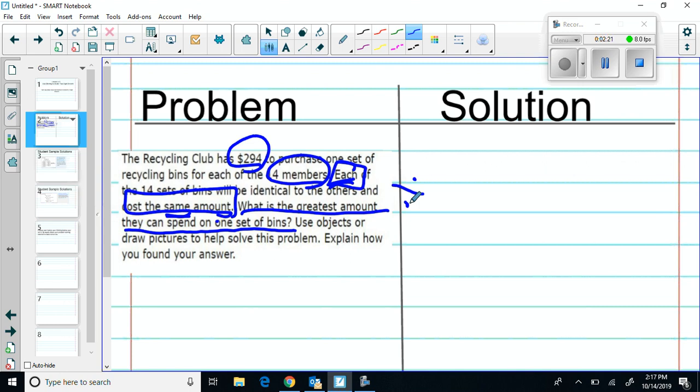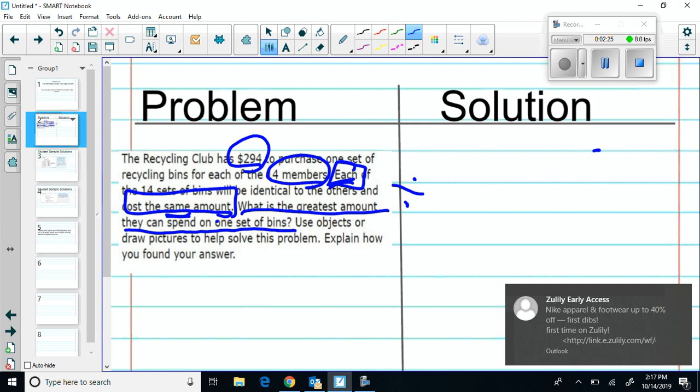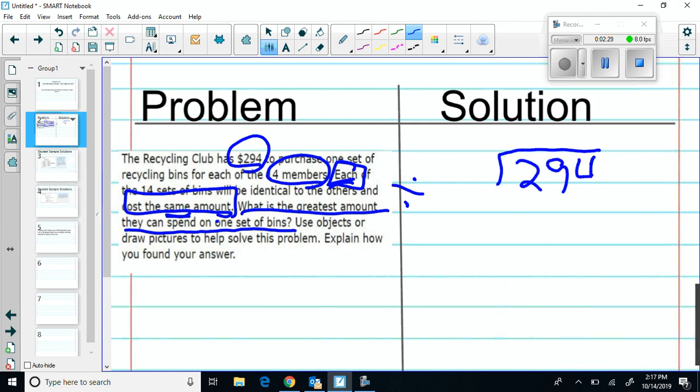We're going to take our total, and oftentimes when you're given the total, you know that the total is going to be your dividend. And then your divisor, well, we want each of the 14 members to pay the same amount.